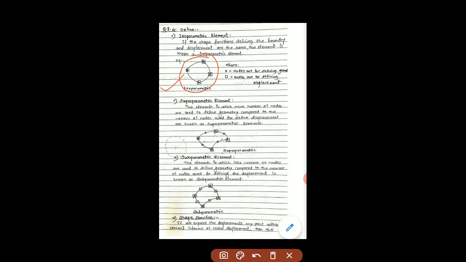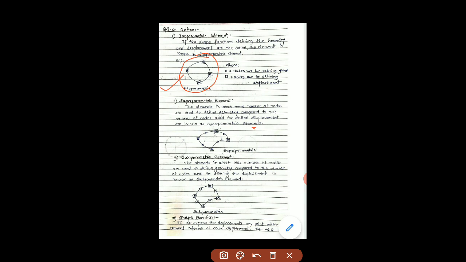Then next is superparametric element. The element in which more number of nodes are used to define the geometry compared to the number of nodes used to define the displacement is known as superparametric element. So in this case, nodes are used more to define the geometry.